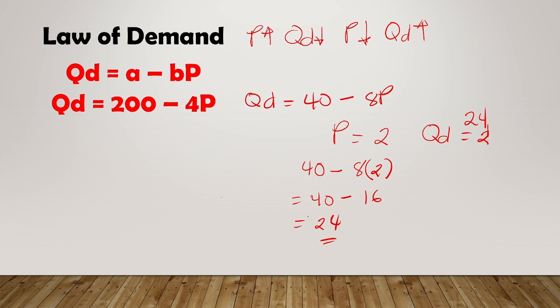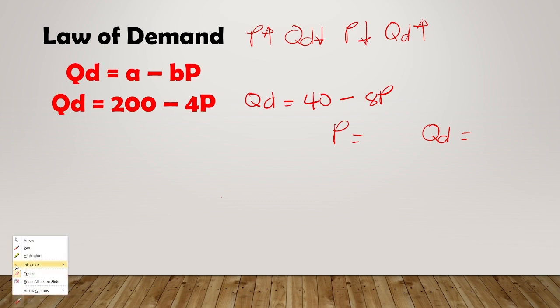Next one, let's erase this one and go over to another example. For example, what is missing now is the price.